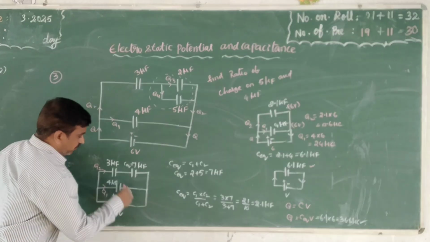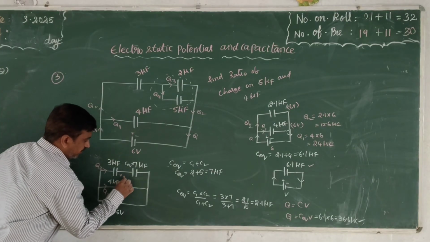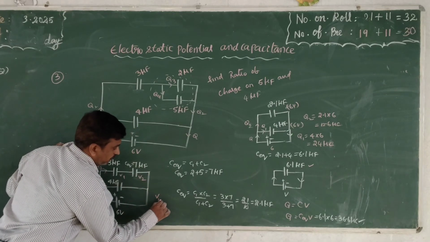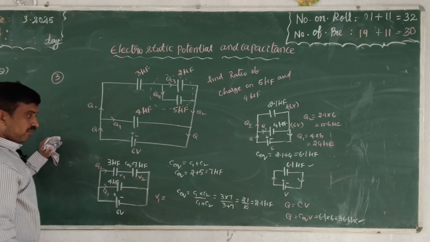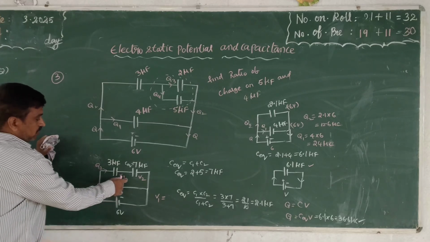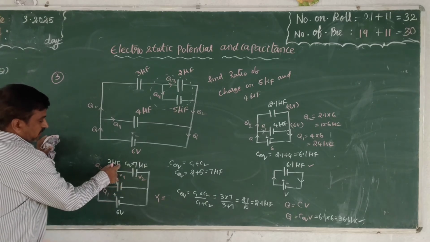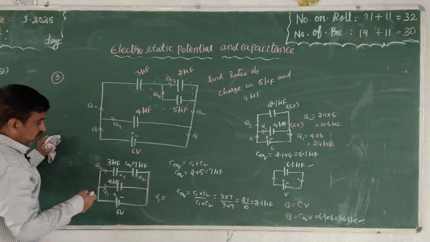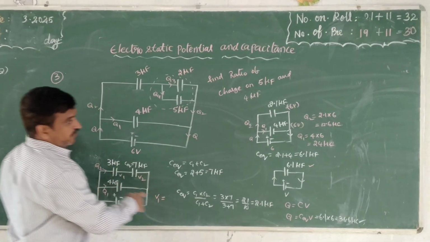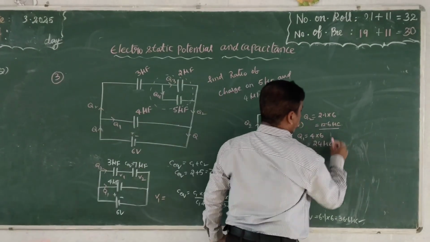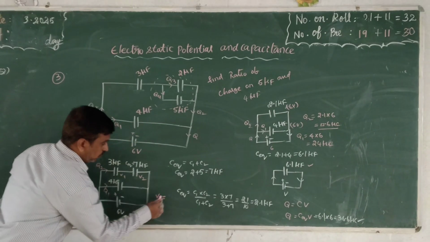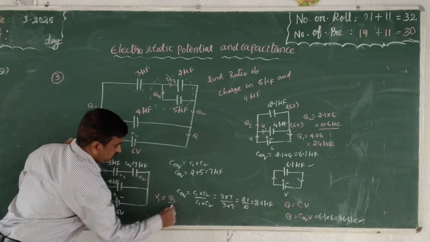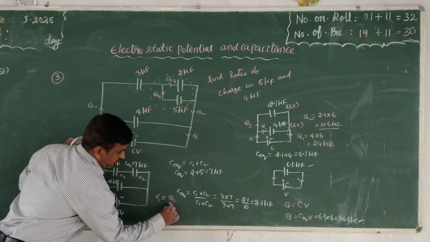Here the potential is V1, here the potential is V2. For V1, V1 equal to Q by C1. Q is the same. What is Q2? We found out already, 12.6.